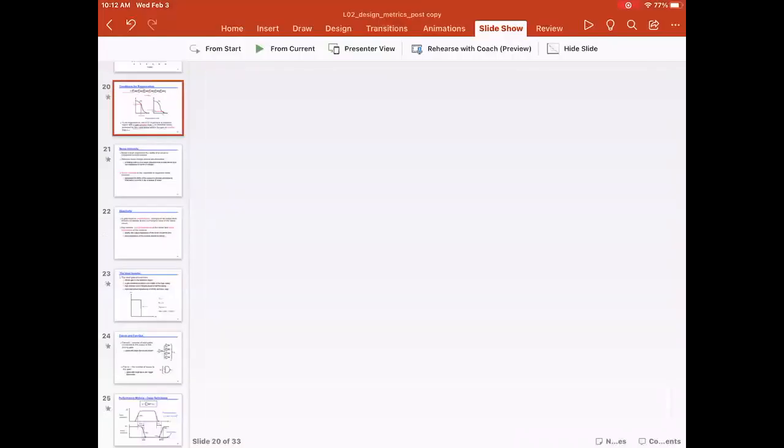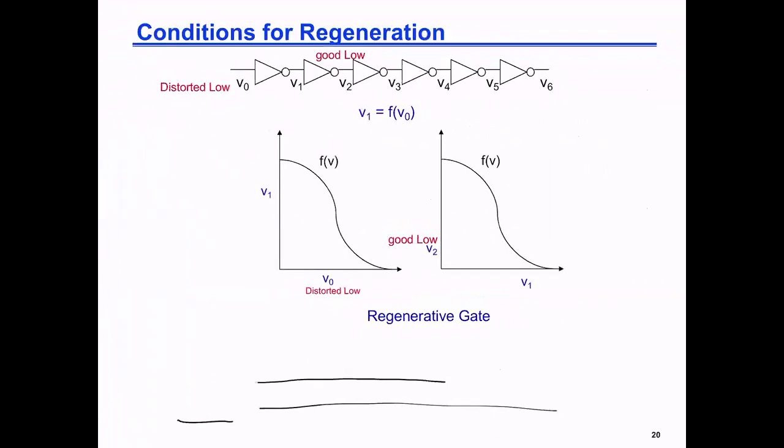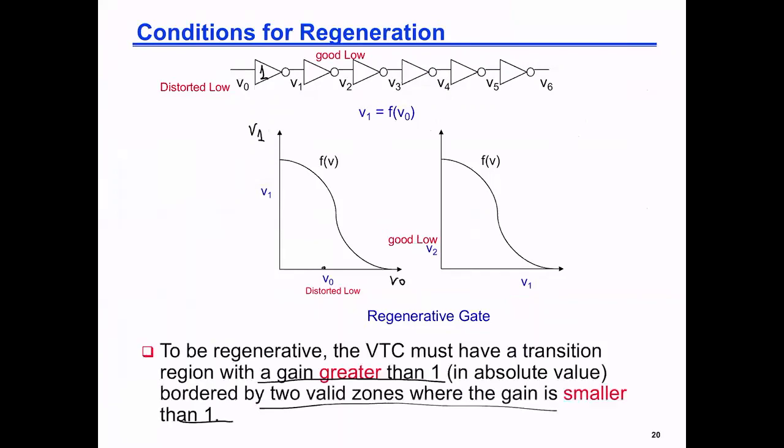Looking here into the circuit and looking at the distorted low at V0, this is inverter number 1, these are inverter number 1 characteristics, so this is V1 versus V0. We can see that if I start from a distorted low around here, let us see what the animation will show me.